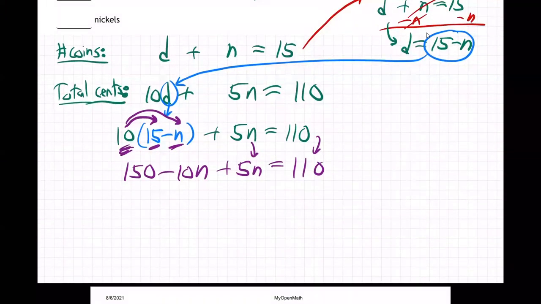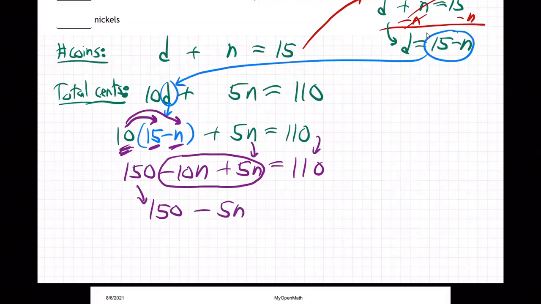And now we're getting close. These two can combine. Bring down the 150. Those two will make minus 5N, because 5 take away 10 is negative 5.